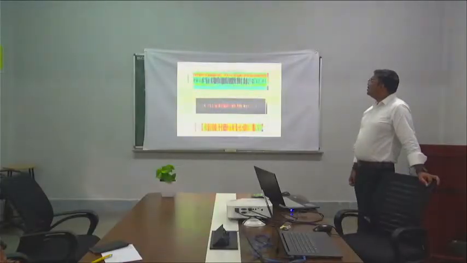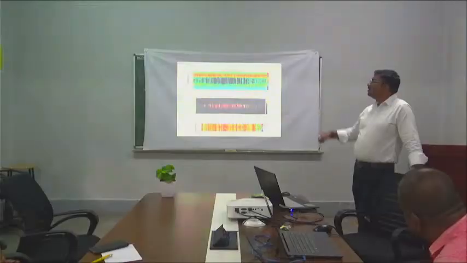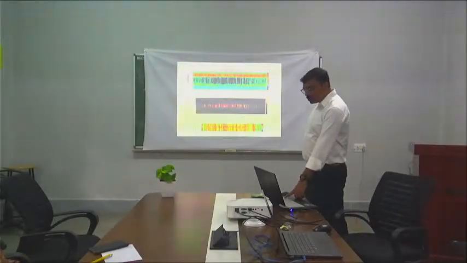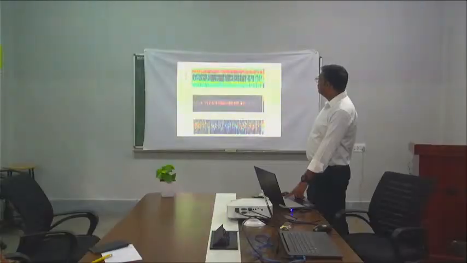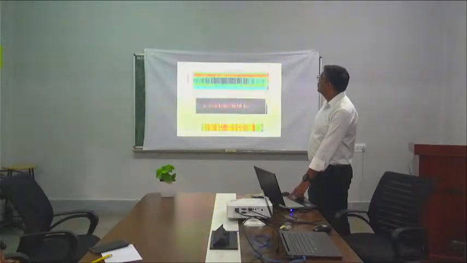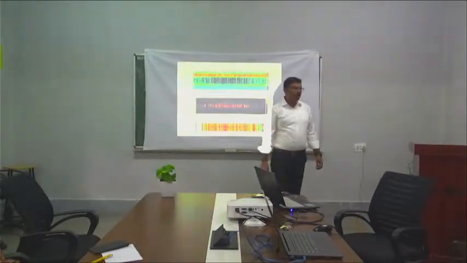You see here, the generated biomass output is increased in this case. You can compare the waveforms with the previous waveform. The utilization is more here. Most of the time the operating range is here.